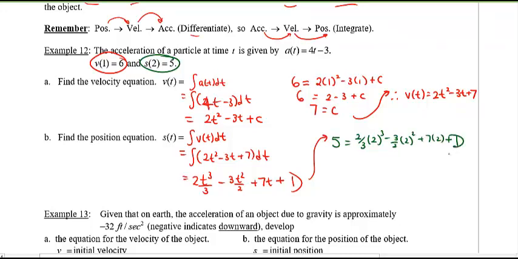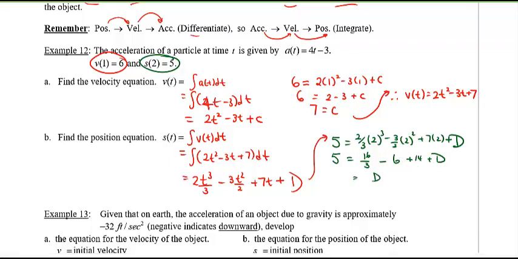What's this? 16 over 3. This is 6. This is 14 plus D. We can solve for D.